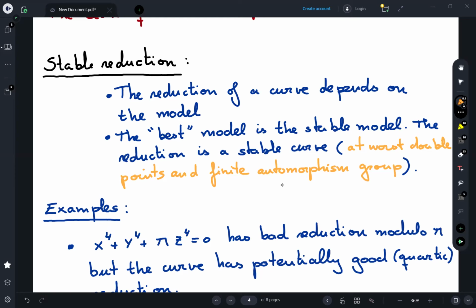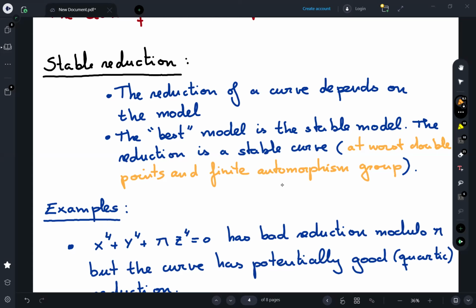And then there is this technical condition about having a finite automorphism group. Basically this translates into saying that if you have a genus 0 component, this genus 0 component has to intersect the rest of the curve in at least 3 points, because otherwise the automorphism group would be infinite.